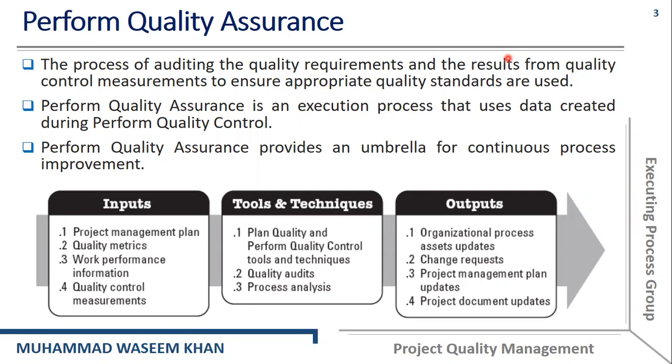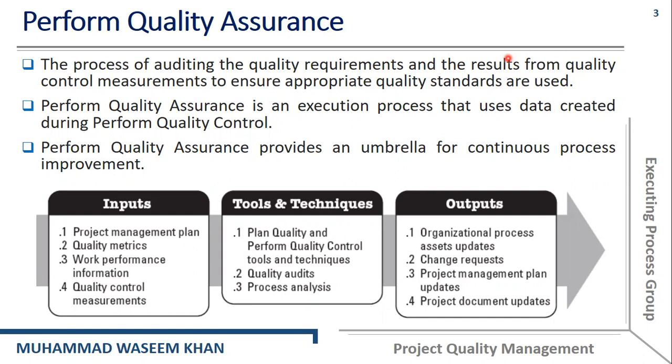Perform quality assurance provides an umbrella for continuous process improvement, and it includes some inputs like project management plan, quality metrics, work performance information, and quality control measurements. We have already discussed these inputs in the previous lectures, so we are not going to discuss these inputs today.